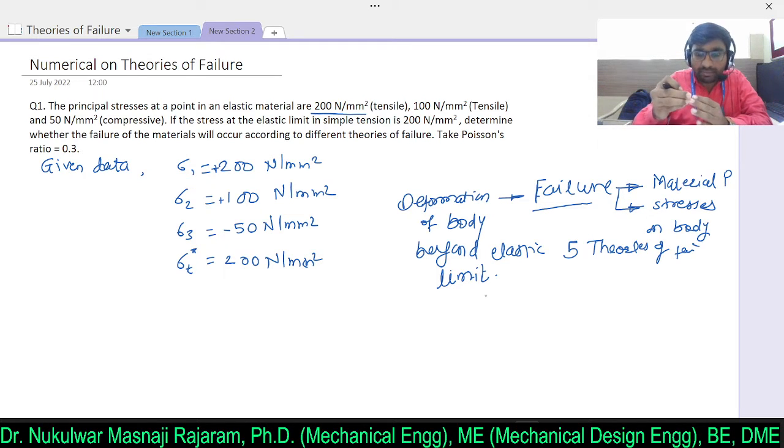If it is a ductile material, then it is called a failure of that material. Before fracture, does the failure of material take place? The answer is yes, because in a ductile material, if you observe the stress strain curve, before fracture the material will go through plastic deformation. Any stress point after the elastic limit is called a failure of that particular material.